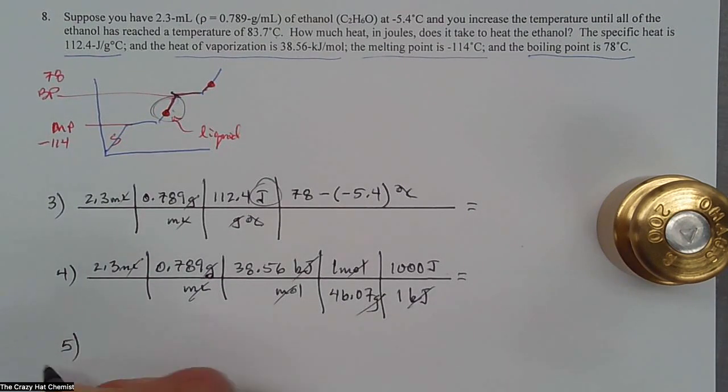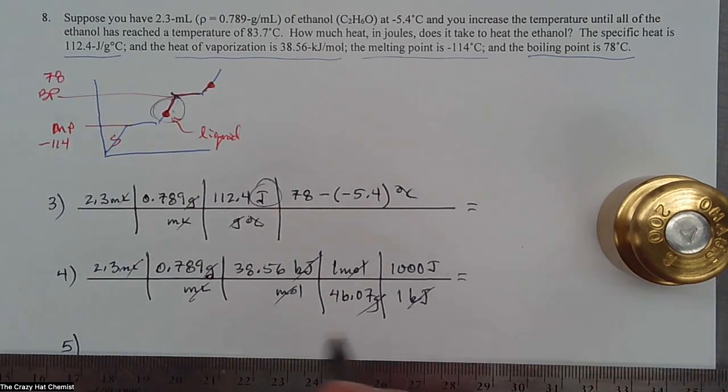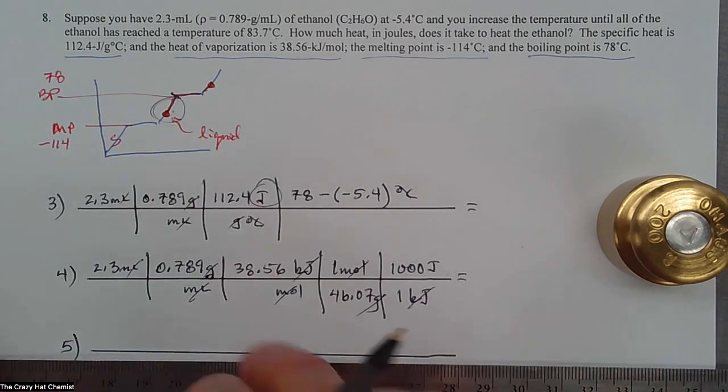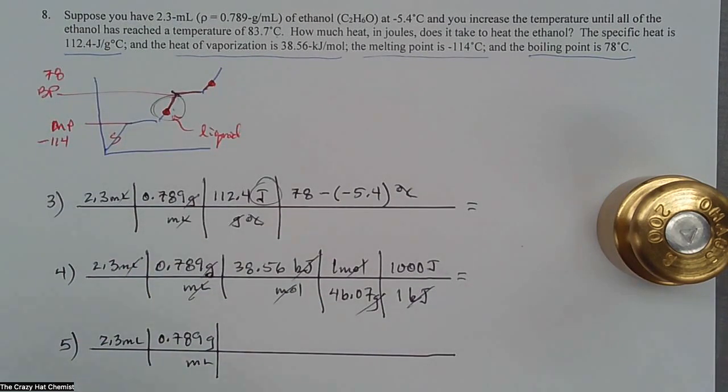Then it's the final last step, and that is step number 5. So let's see if we can knock that one out as well. It's still the same 2.3 milliliters with a density of 0.789 grams per mL. And the specific heat capacity is going to be the same for steps 1, 3, and 5 here for the ethanol, because no other number was given.